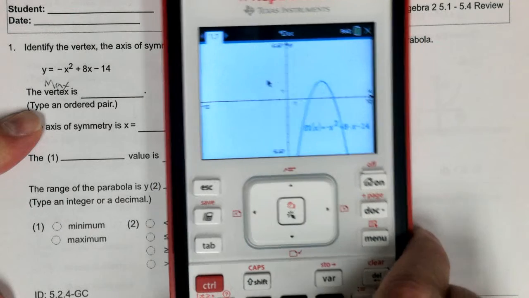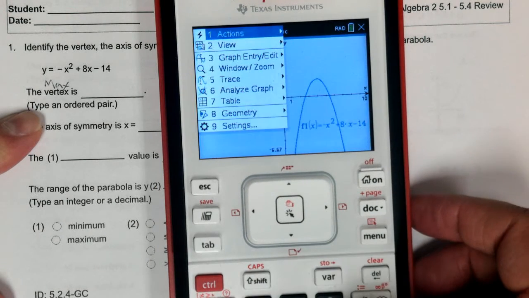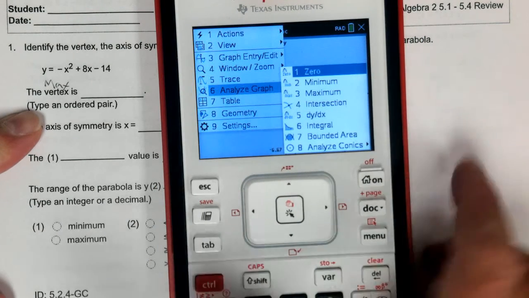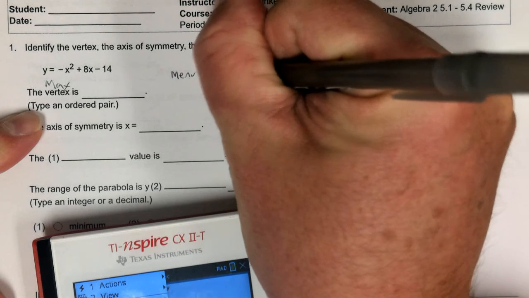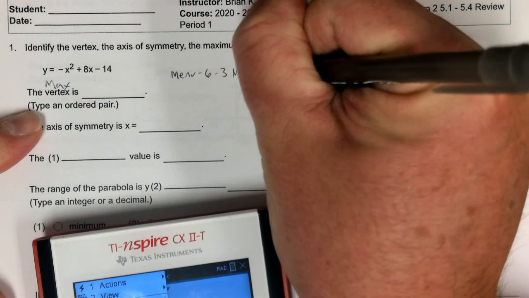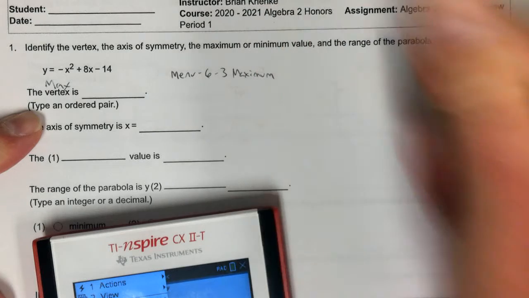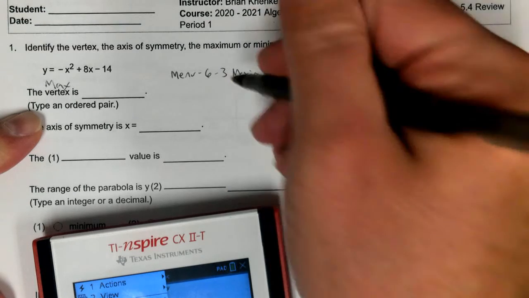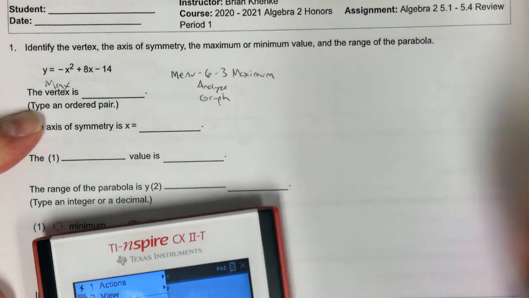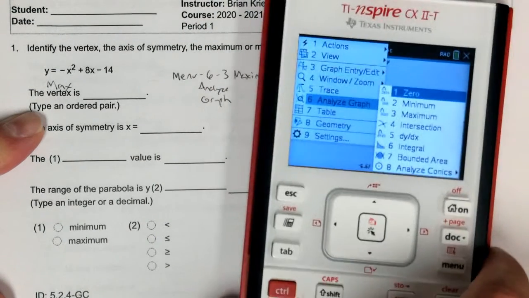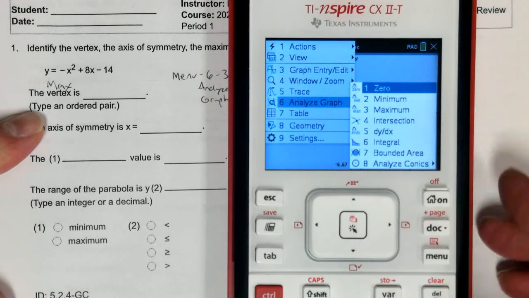And so what you do is menu 6, 3. Menu 6, 3 for maximum. 6 is analyze graph. And maximum was 3.